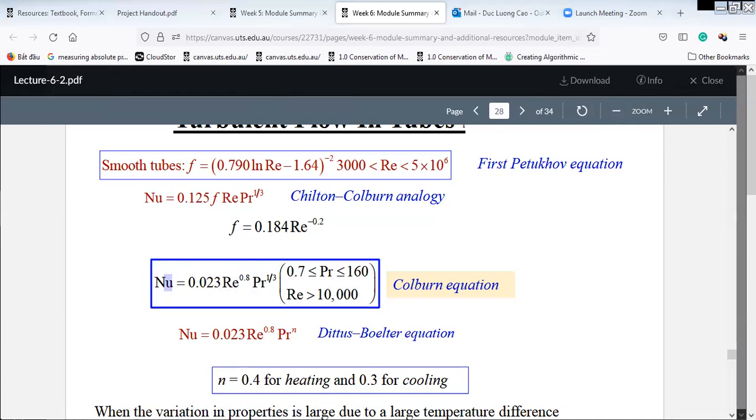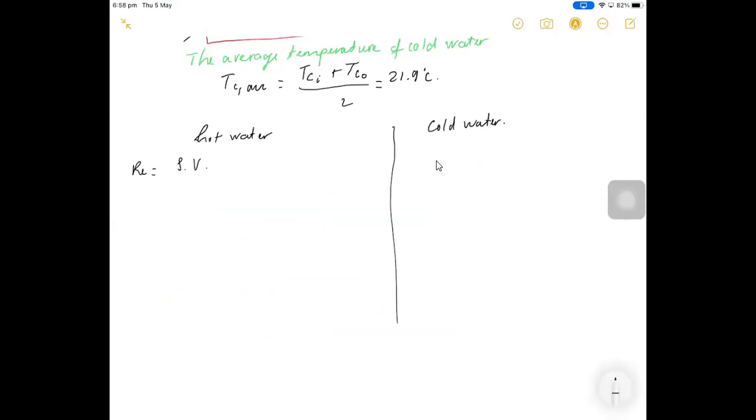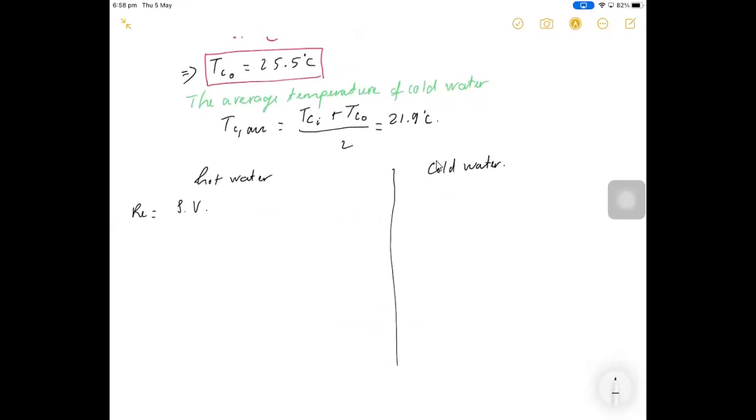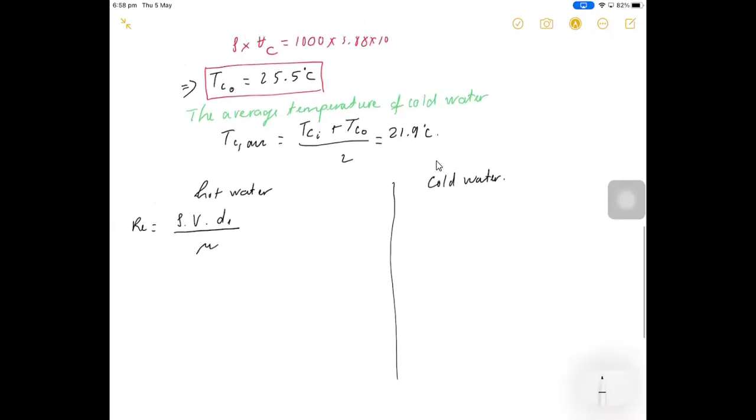So now we start with the Reynolds number, equal to rho V D over mu. D here is for hot water moving inside the small pipe, D1, the inside diameter of the inner tube. With rho here you can use 1000 kilogram per meter cube. V here is velocity.